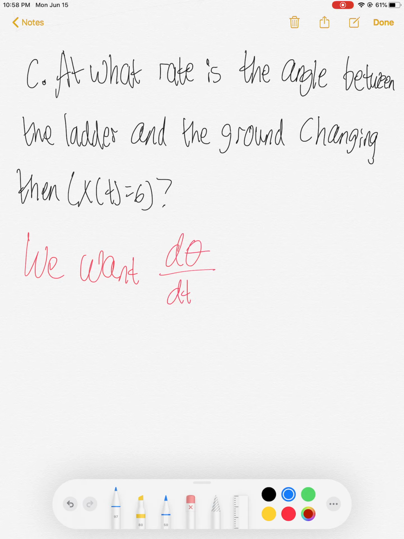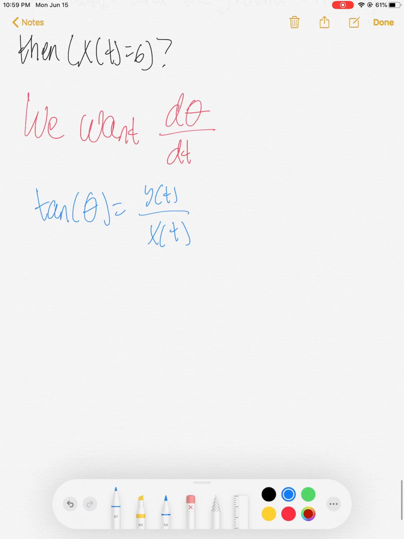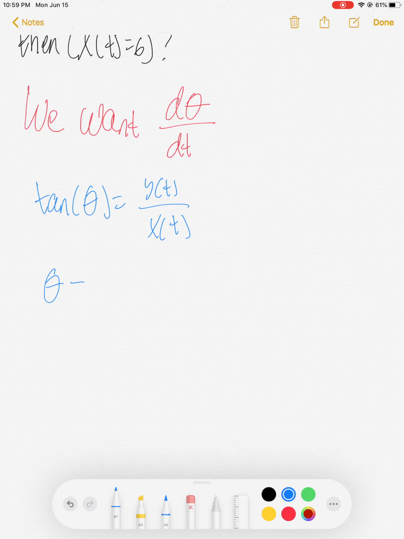Tan theta equals y of t over x of t. Right, that gives us a nice formula for theta. Okay, so let me run down back here, and we'll jot that down.